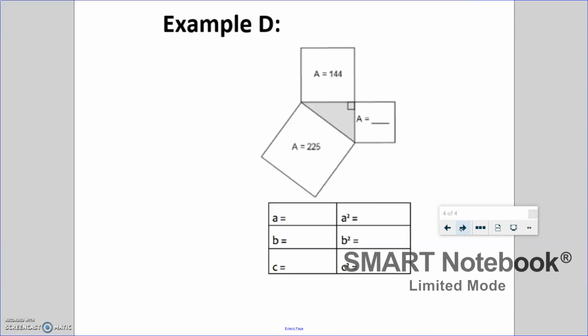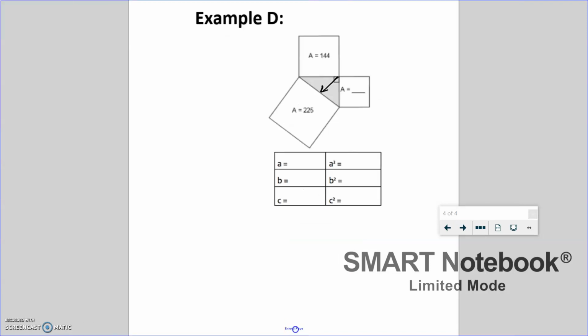Now example D is a little bit different because in this instance, it gives us the area. So in a way, we don't have to work backwards, but we are a little bit. So I still draw my arrow from my right triangle to identify my hypotenuse.